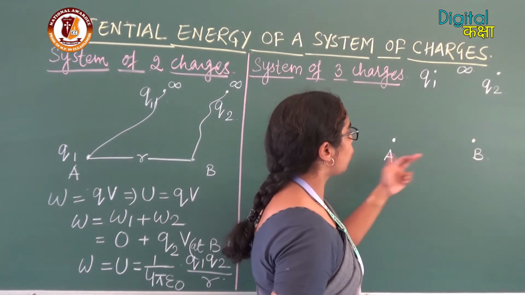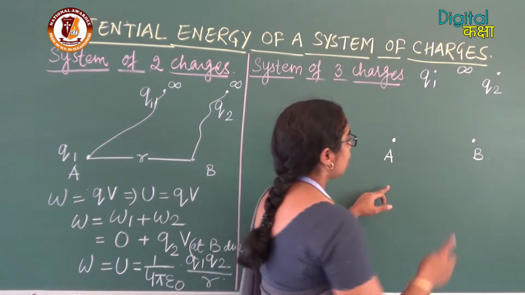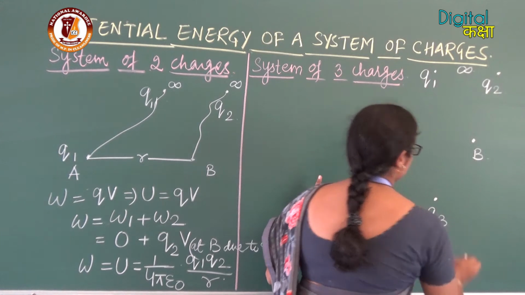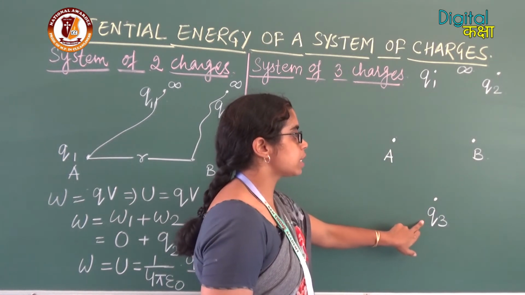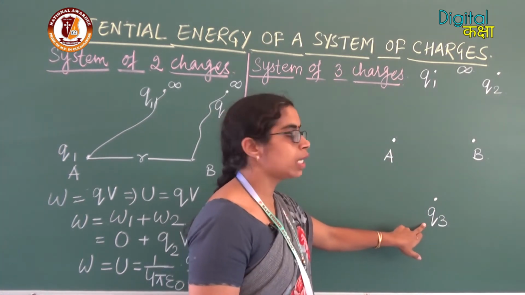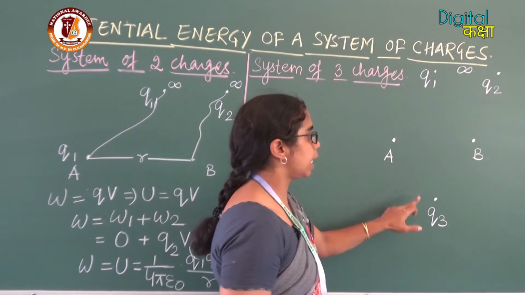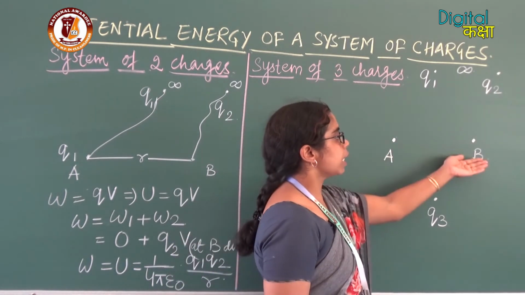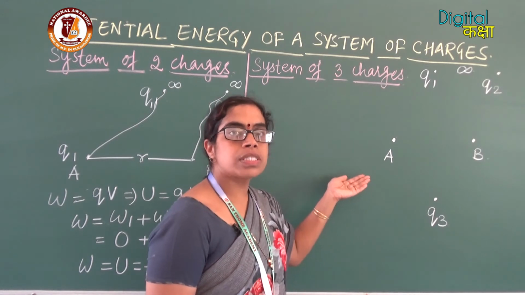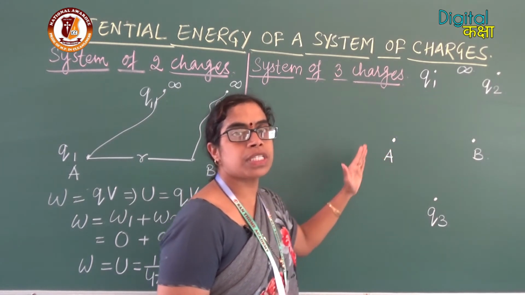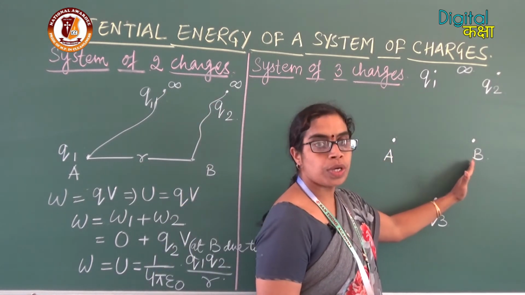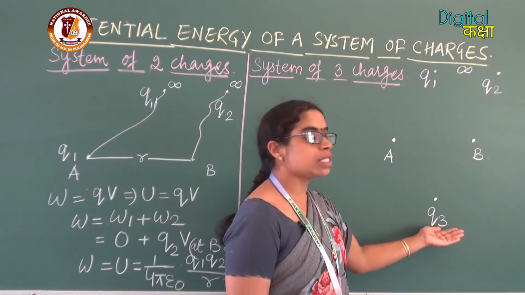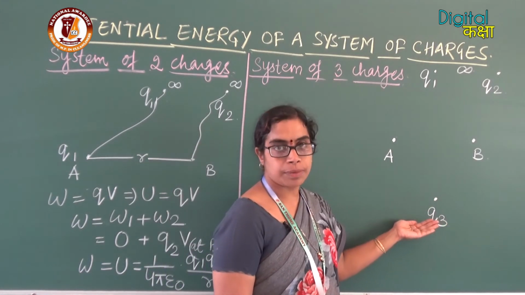Now these 2 points A and B are at a finite distance from the third charge, which is kept here already near to the 2 points A and B. Also we can say that the 2 points A and B, where we are supposed to bring the charges Q1 and Q2 respectively, are at a finite distance from a charge which is taken as Q3.